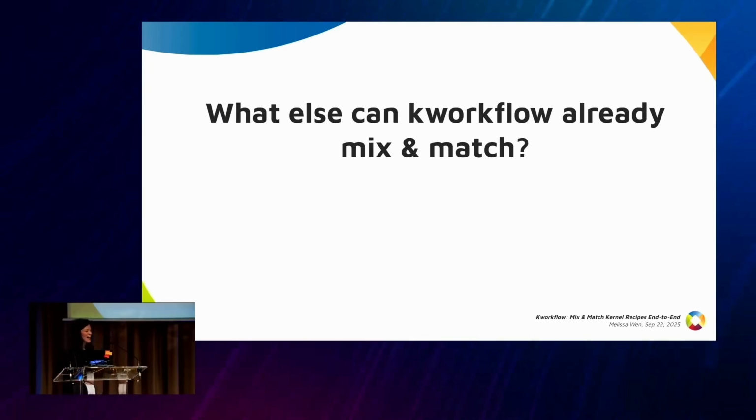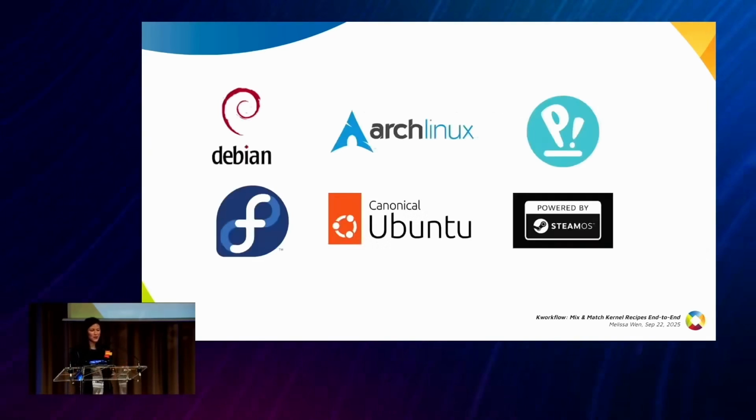I don't know. So what else can Kworkflow already mix and match? Not that much, so don't expect a lot, please. As I mentioned, it's voluntary work. So we can mix and match different Linux distributions: Debian, Arch-based, Pop!